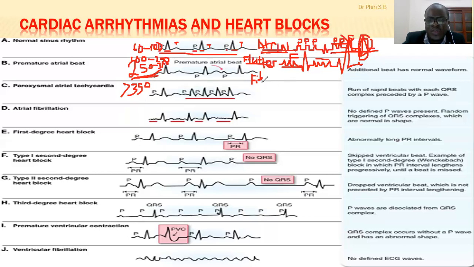Here you just have a more zigzag line, followed by a QRS complex, then a T wave. Then you have another zigzag line followed by a QRS complex, then a T wave, then it starts again. This is called atrial fibrillation.